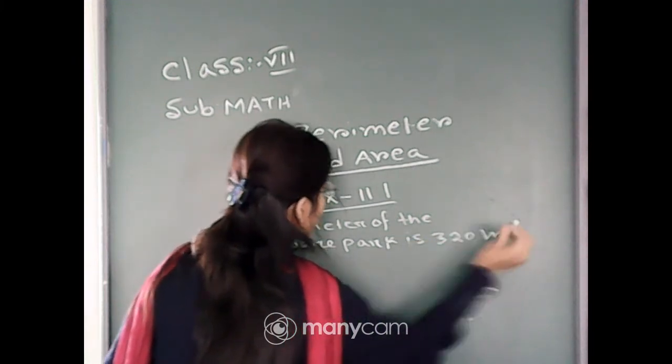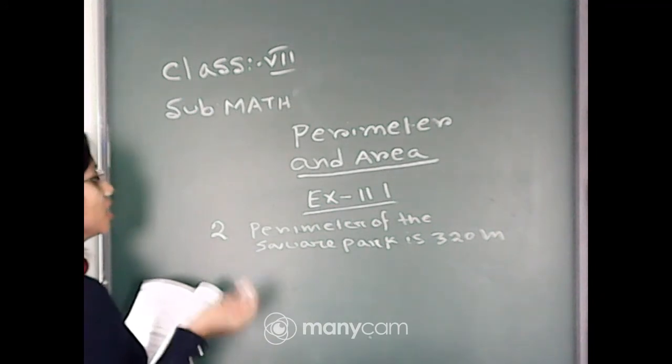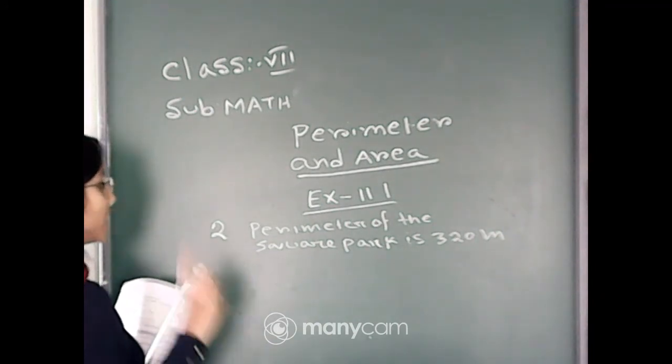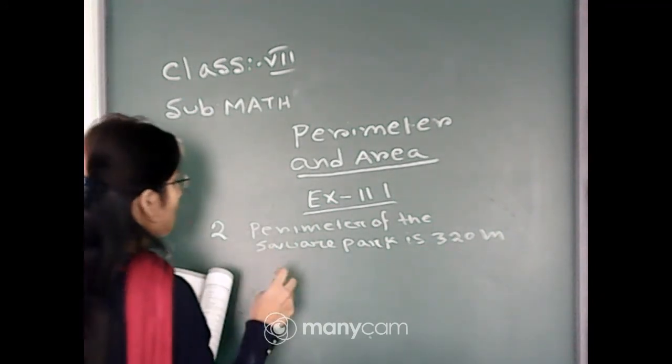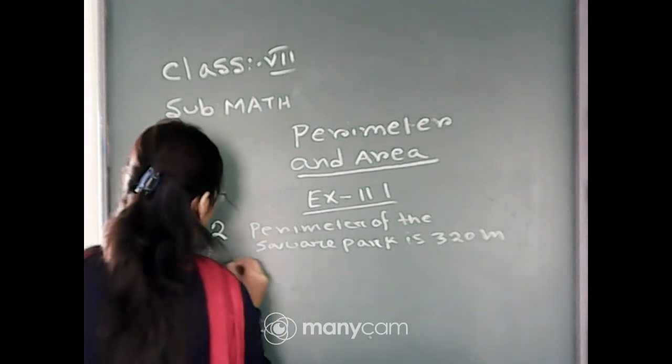If the length of each side is a, the perimeter of the square is 4a.